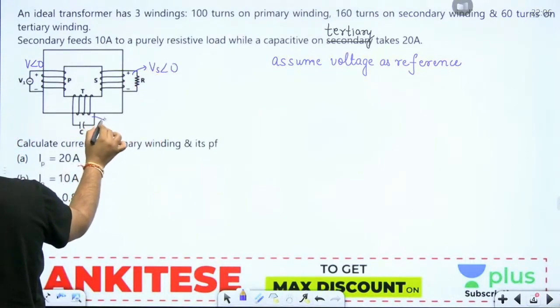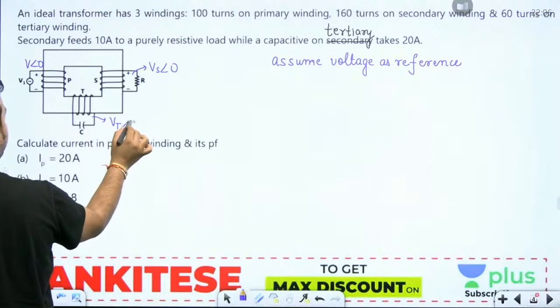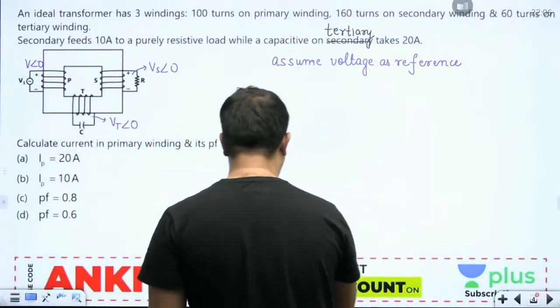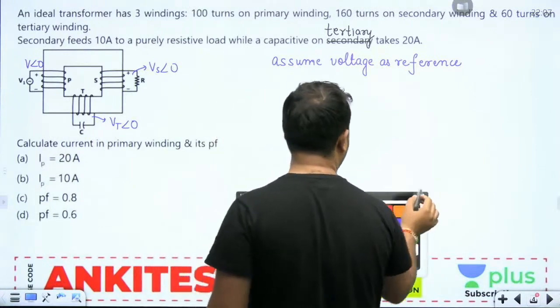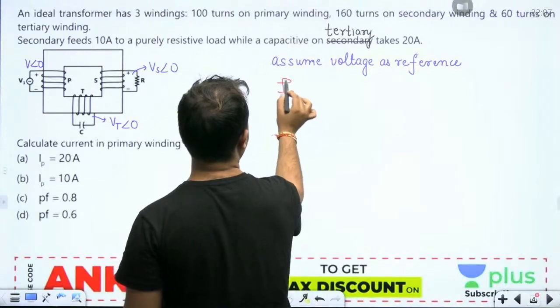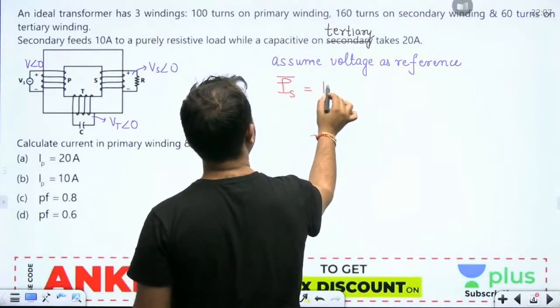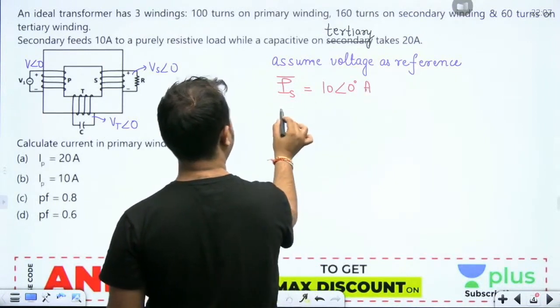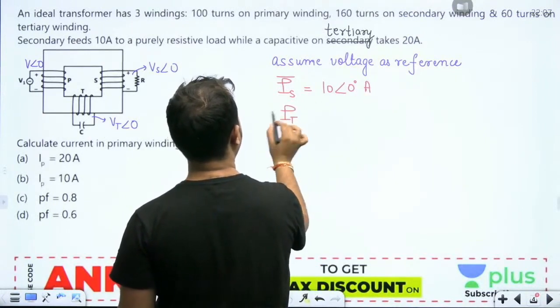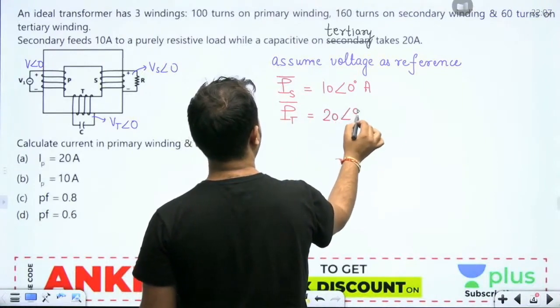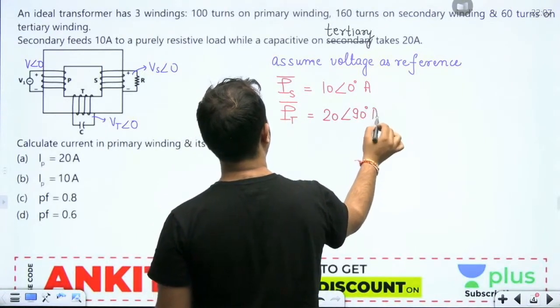And my friend, tertiary voltage will also have an angle 0. Then the secondary carries a resistive load, so its current will make an angle 0 degree. It will be in phase with the voltage. Tertiary carries 20 ampere capacitive load, so this will be 20 angle 90 degree ampere.